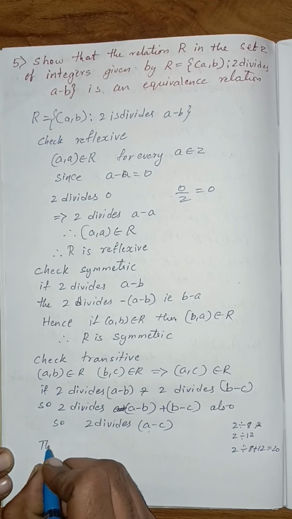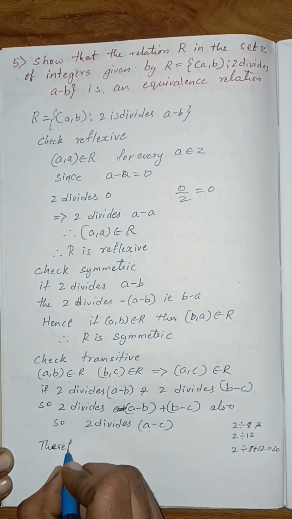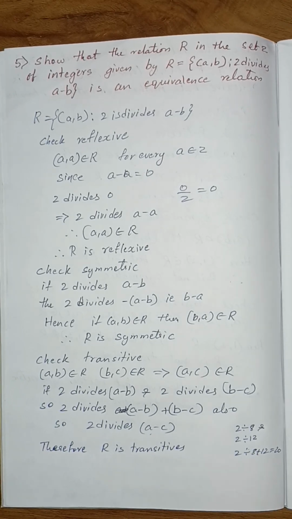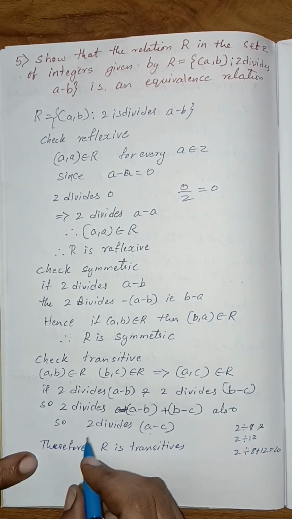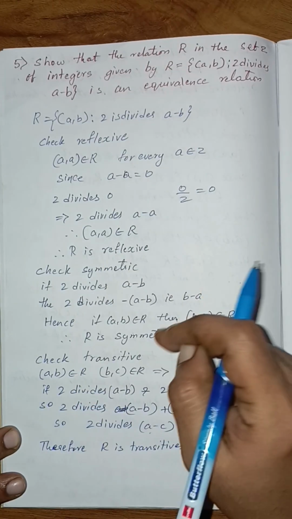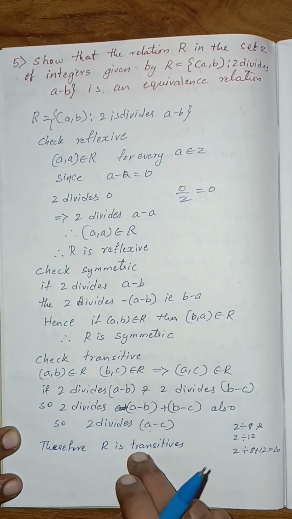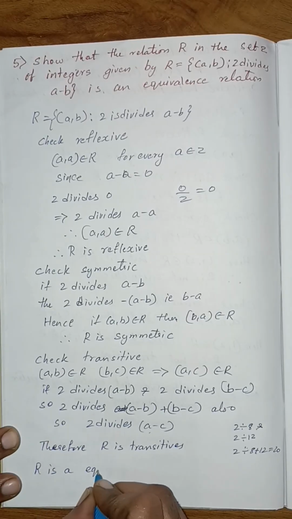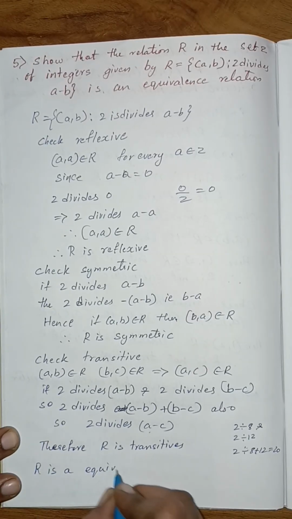Therefore R is transitive. So it has satisfied reflexive, symmetric and transitive. So our relation R is an equivalence relation.